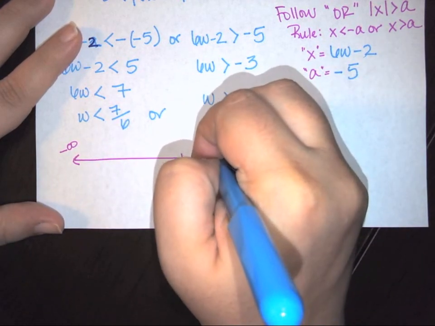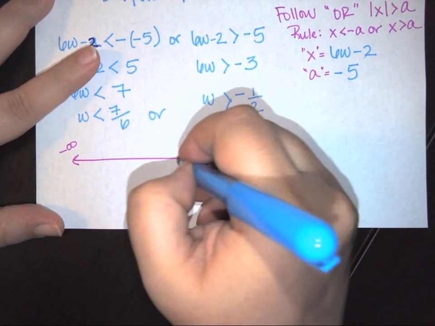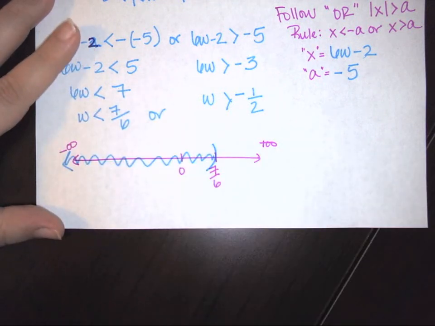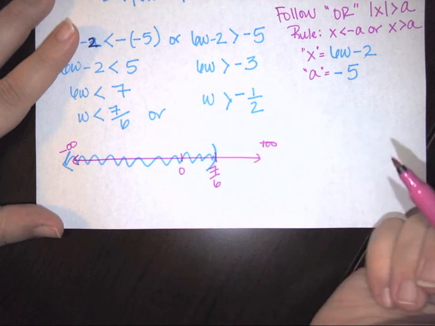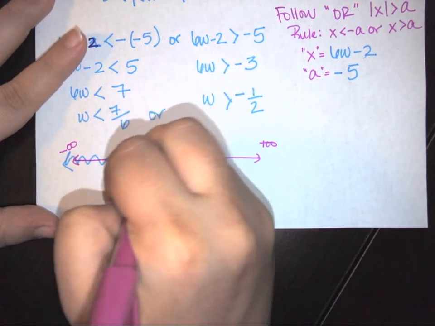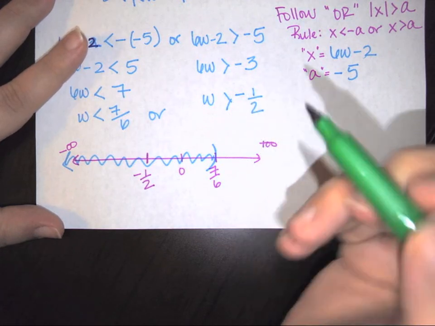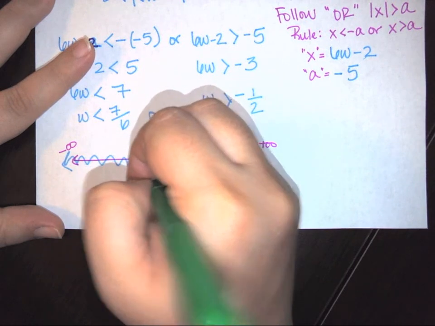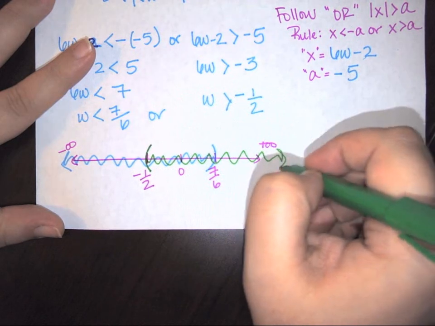So I'm going to use a parenthesis, and then I'm going to go ahead and fill in my number line. Okay, so notice it comes all the way down. And now I need to do the other side. My other side is that w is greater than negative 1/2. So I'm going to input my negative 1/2. And then I'm going to go ahead and input my terms. And so I'm looking at being greater. So my parenthesis here is going to face the other direction, and I'm going to shade this way.